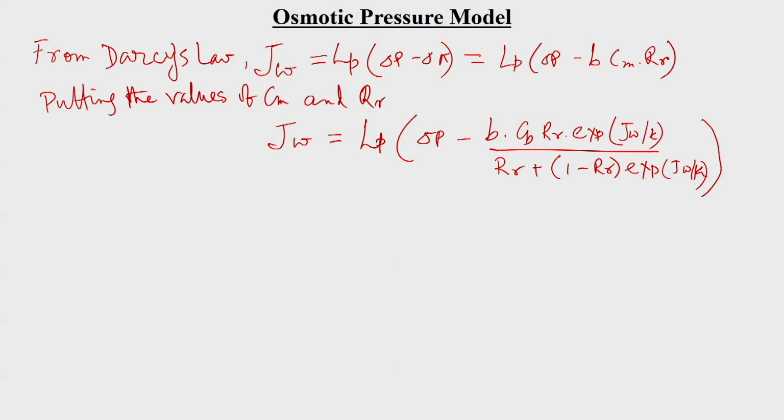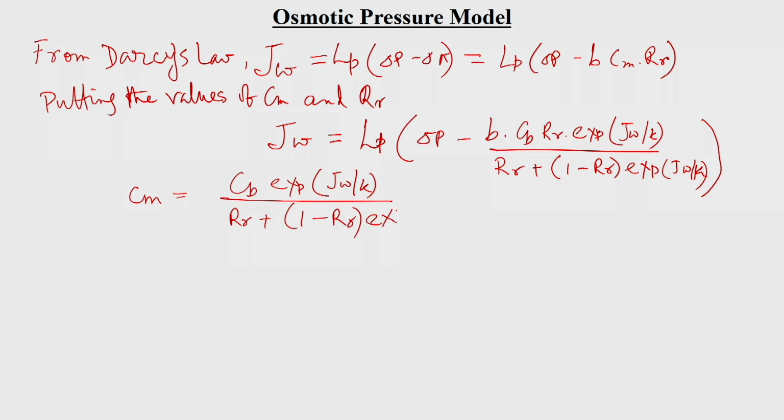Now we can do one thing: just by manipulation we can get again Cm is equal to Cb into exponential Jw by k divided by Rr plus 1 minus Rr into exponential Jw by k.